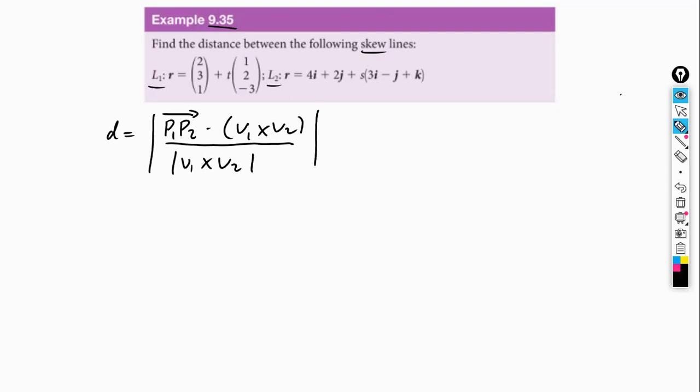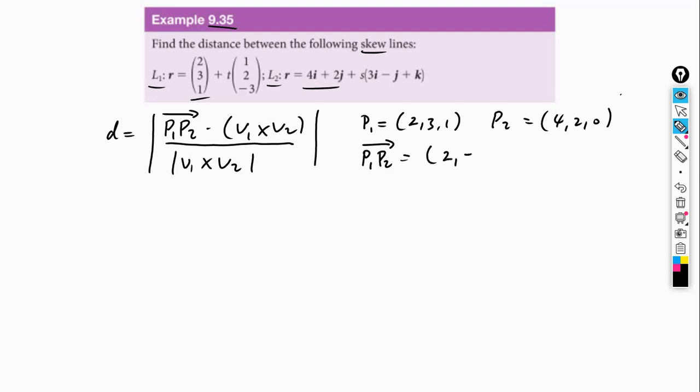So first of all, let's notice that point 1 here would be 2, 3, 1, and that point 2 would be 4, 2, and 0. We can see that here and here. So that means that the vector P1P2 is going to be the difference between these two points, which would give us 2, -1, -1.